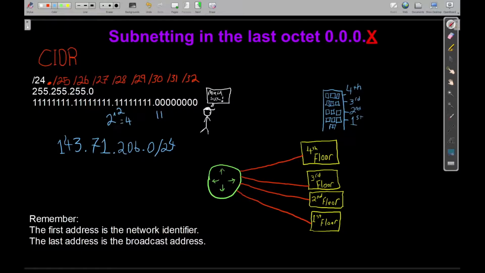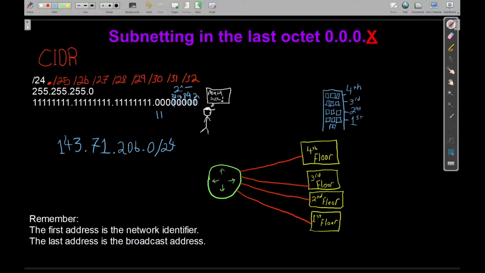Now, since we know how many end devices we need, we're going to start from the right and work to the left. Starting from the right, 2 to the power of 1 bit is 2. 2 bits, 4. 3 bits, 8. 4 bits, 16. 5 bits, 32.